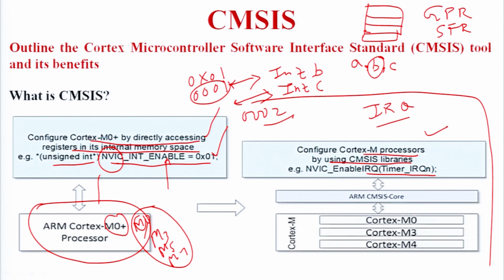After all the libraries are openly available, we will go towards the ARM CMSIS core. What is ARM CMSIS core? We will discuss it in later slides. Basically, it has some API interface that we will discuss in our next slides. All these are compatible with the Cortex M microcontrollers, whether it is M0, M0 plus, M3, M4.